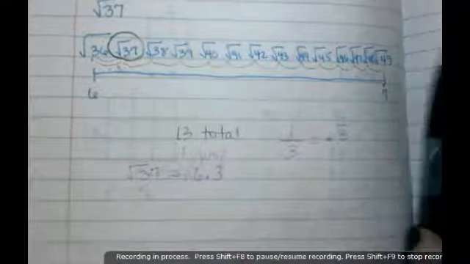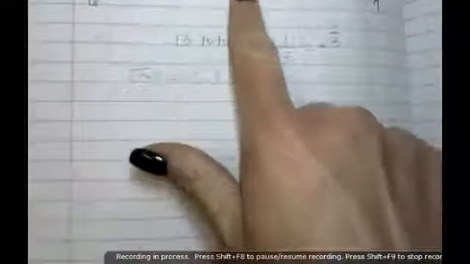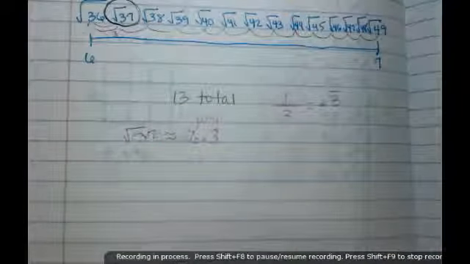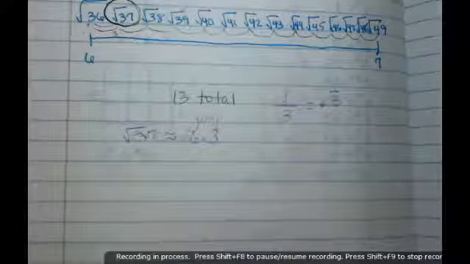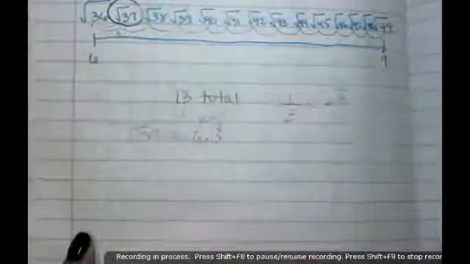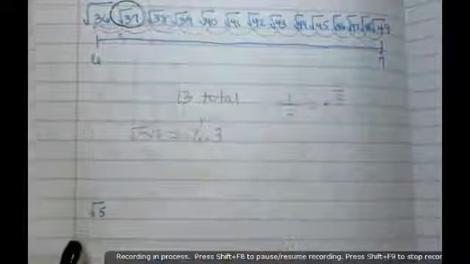I want to do one more example, and this time we're actually not going to draw out the entire number line as a visual. We're still going to do this calculating the jumps. We're just going to do it a different way. So this time let's think about the square root of, how about the square root of 5?